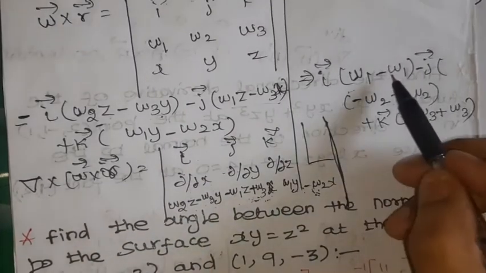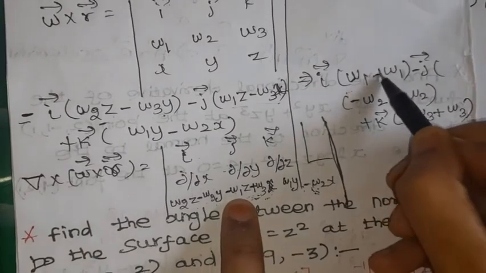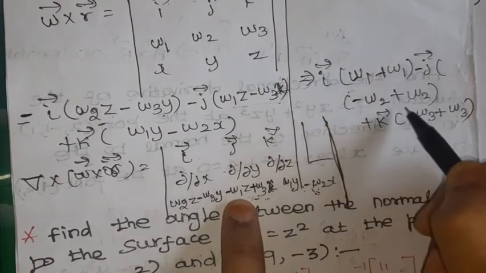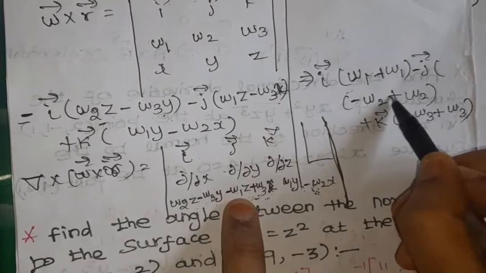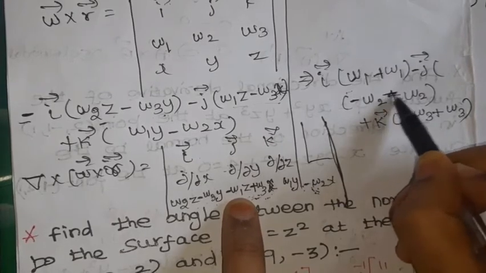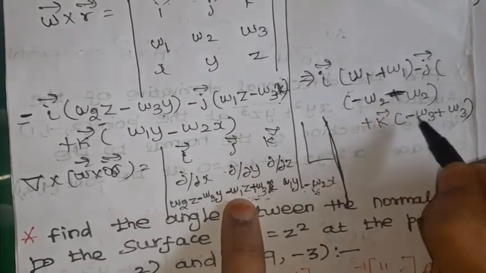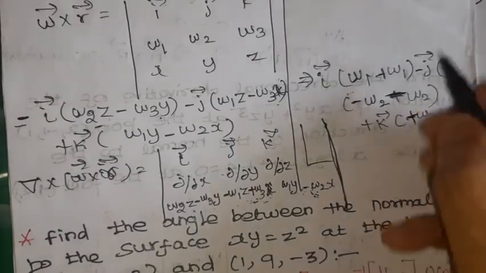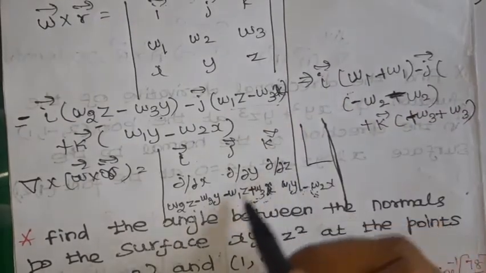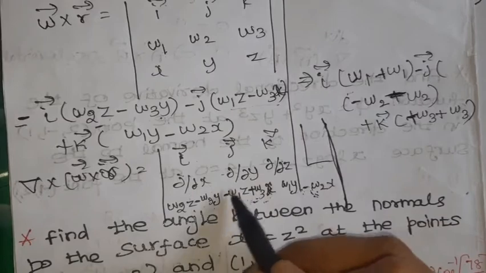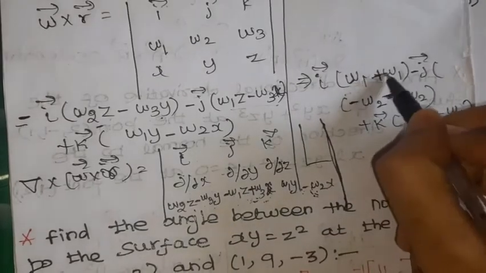So all the signs before w1 are plus. So now i into ∂/∂y of w1 minus ∂/∂z of this minus 1; already 1 minus, minus into minus is plus.